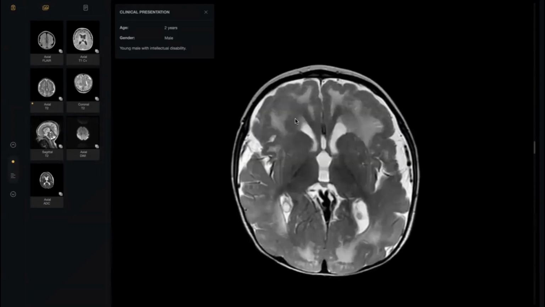All of this is criteria of mucopolysaccharidosis. So my diagnosis would be mucopolysaccharidosis.